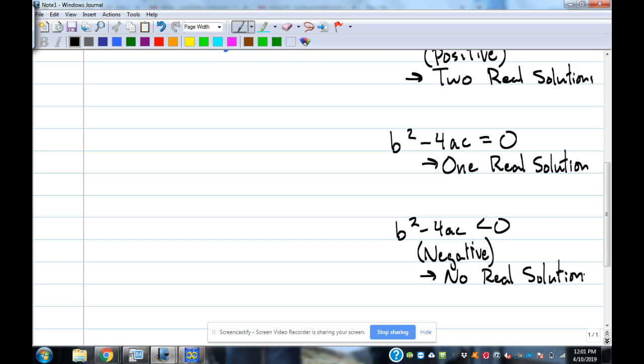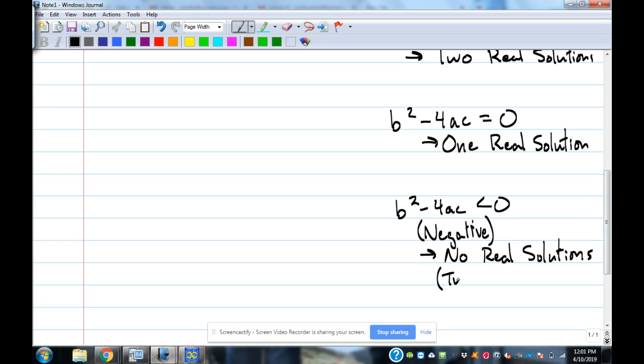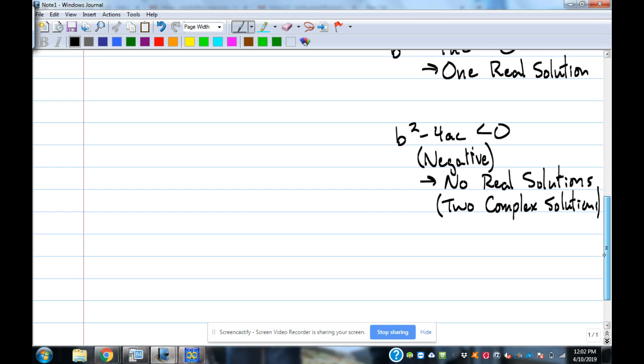Now, when you get into Algebra 2, we will talk about the fact that it's actually two complex solutions. But in Algebra 1, all you got to know is there's no solution. When you get into Algebra 2, we do some more stuff with that. You're going to see quadratics again when you take Algebra 2, so keep that in mind. That's why we're being kind of heavy on this.